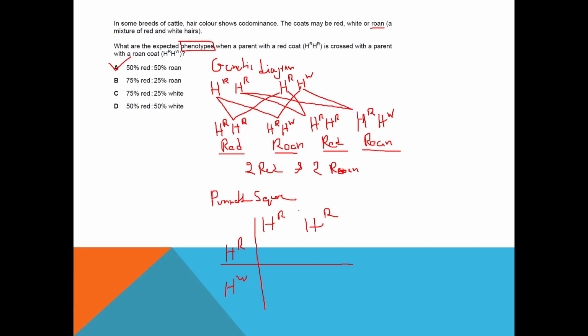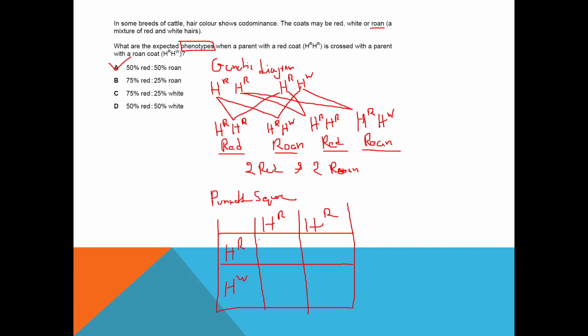Very simple. Now we're going to cross them and write the genotypes of each of the 4 offspring.